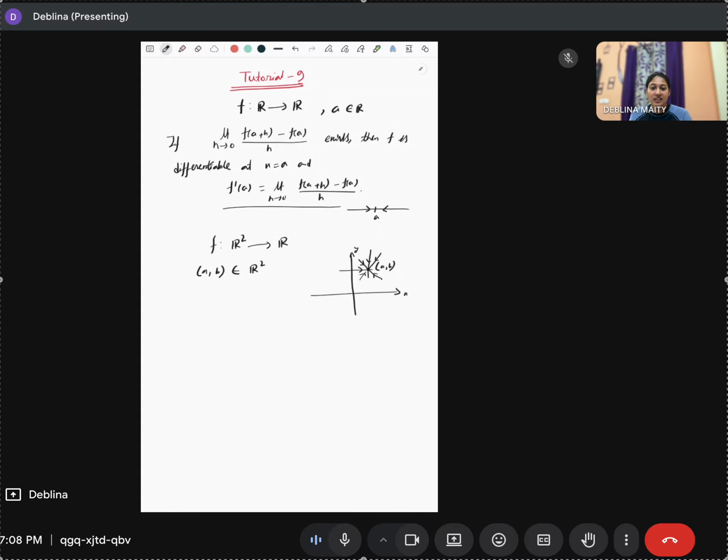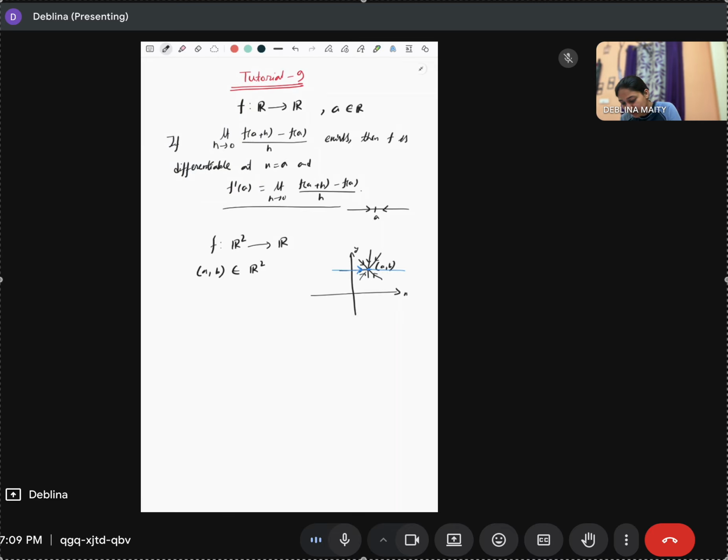So there are infinitely many directions to approach (a, b) in this plane. Now suppose we are approaching (a, b) from parallel to the x-axis, like this one.